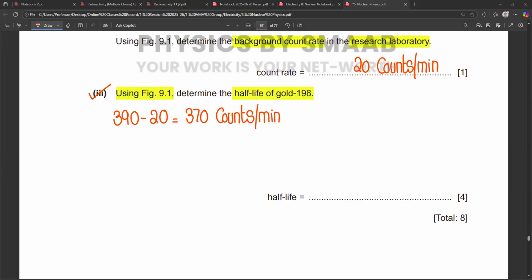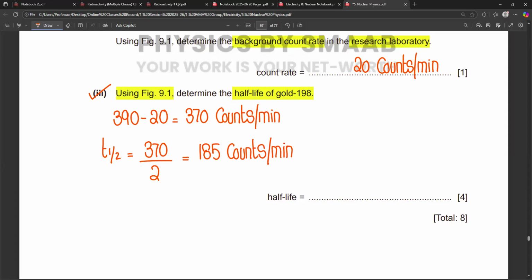Now let's start finding out the half-life. 370 divided by 2 is 185 counts per minute.